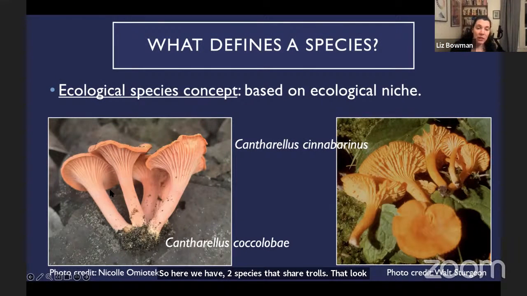The one on the left is found on beaches and sandy soil, and I think is mycorrhizal with sea grape. I can't remember. It's mycorrhizal with one species of plant. The one on the right is found in hardwood forest, and it's mycorrhizal with a number of different hosts, like beech and I think oak. So even though they look similar and might have been classified as the same species based on morphology, they have different ecological modes.